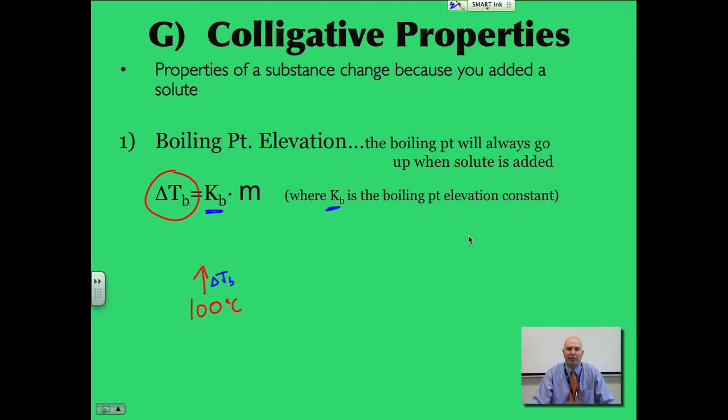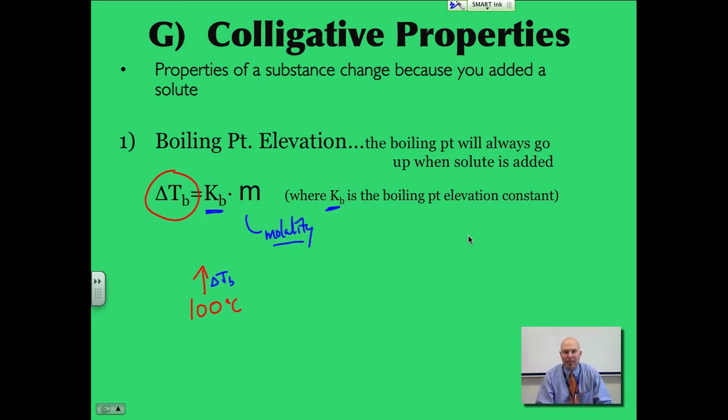It's not constant for everything. It's constant for whatever the solvent is. So water has a Kb. Ethanol has a Kb. Formic acid has a Kb. And if you were putting something in any of those different solvents, then they would go up depending on what the molality is, because it's the Kb times the molality.